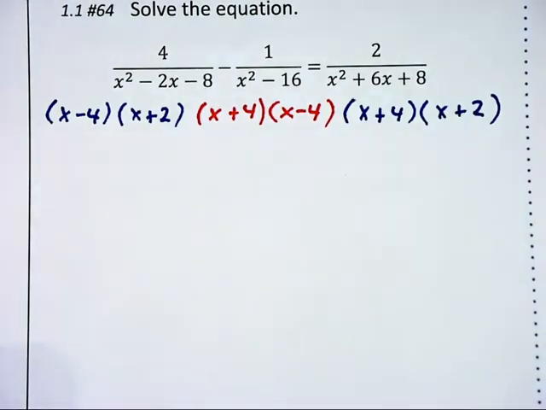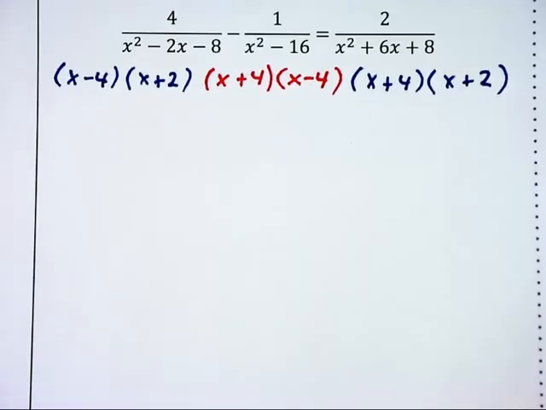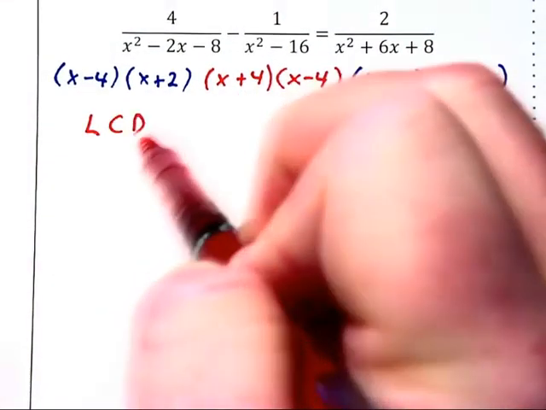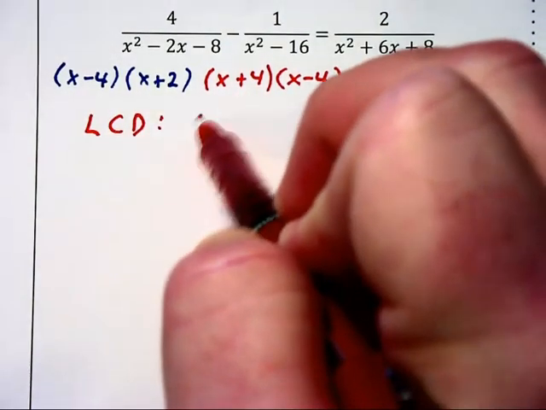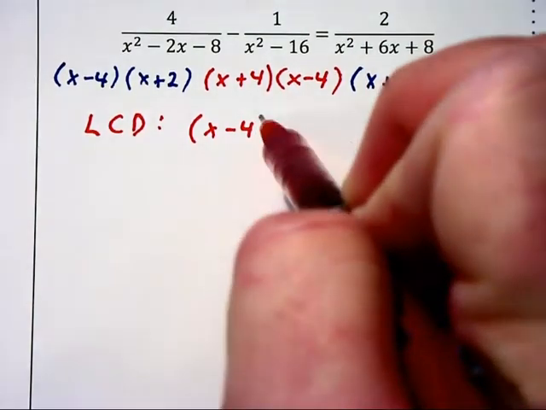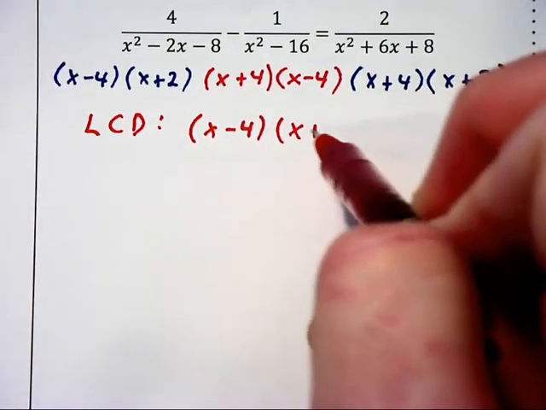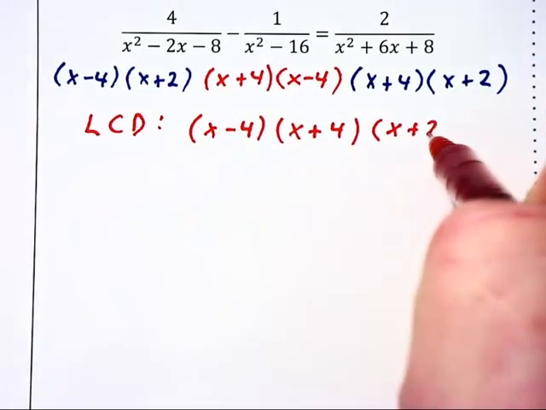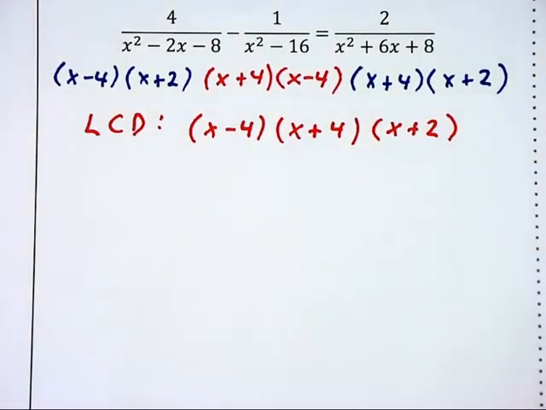Since this is a rational equation, we want to multiply through by the least common denominator in order to clear the fractions. The least common denominator here is the quantity x minus 4 times the quantity x plus 4 times the quantity x plus 2. In each fraction, when we multiply or distribute through by this least common denominator, two of these three factors will cancel, leaving one.